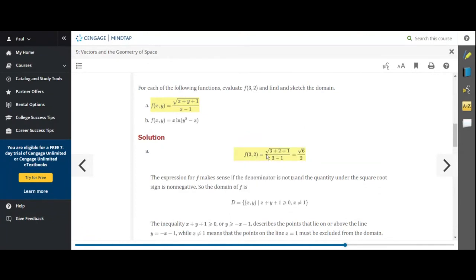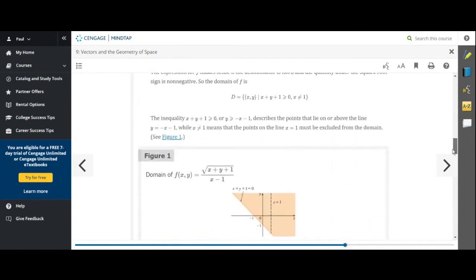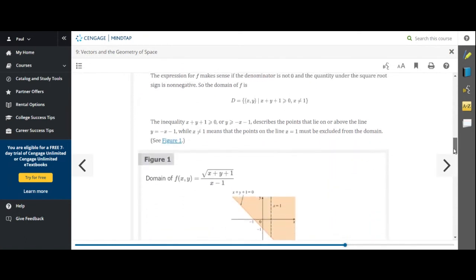That's easy to evaluate. But the domain, because you have a square root in the numerator, comes with a restriction, and you have a denominator x minus 1 that you can't let equal 0. You use both of those pieces of information to determine your domain.